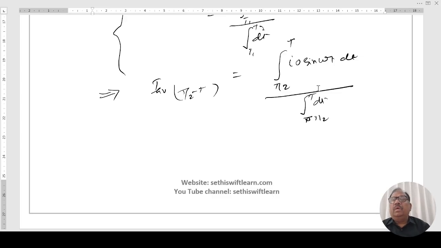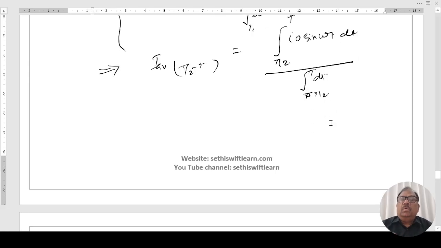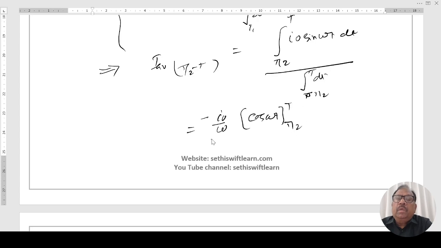Now, I naught is constant, taken common. The integration of sine omega t is minus cos omega t divided by omega, with 1 over omega taken outside, cos of omega t from T by 2 to T, divided by T minus T by 2.